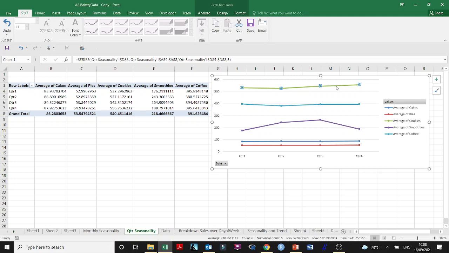And look at this average of cookies. Cookies, in fact, January, February, March, then April, May, June, July, August, September, October, November, and December. Oh, that's quite interesting. So now we can easily see also the seasonality in terms of quarters.